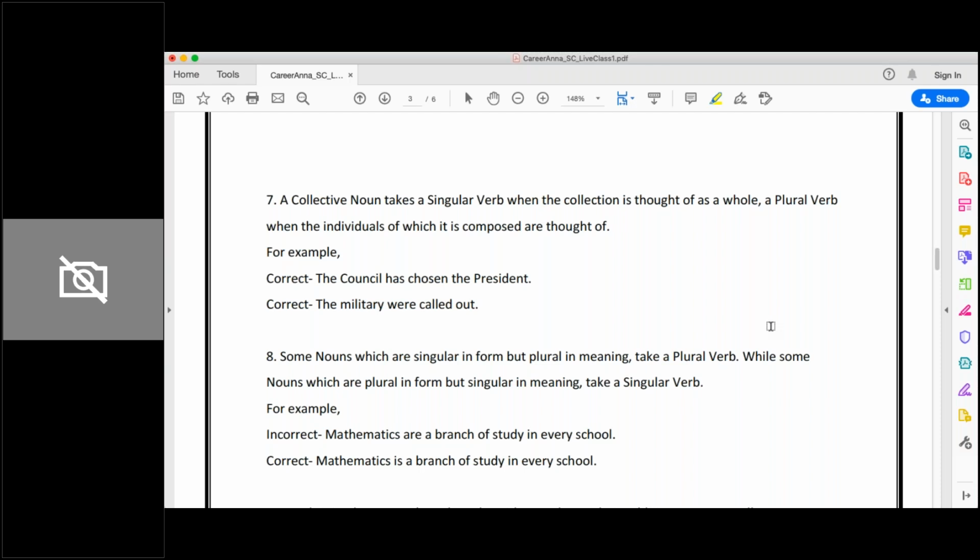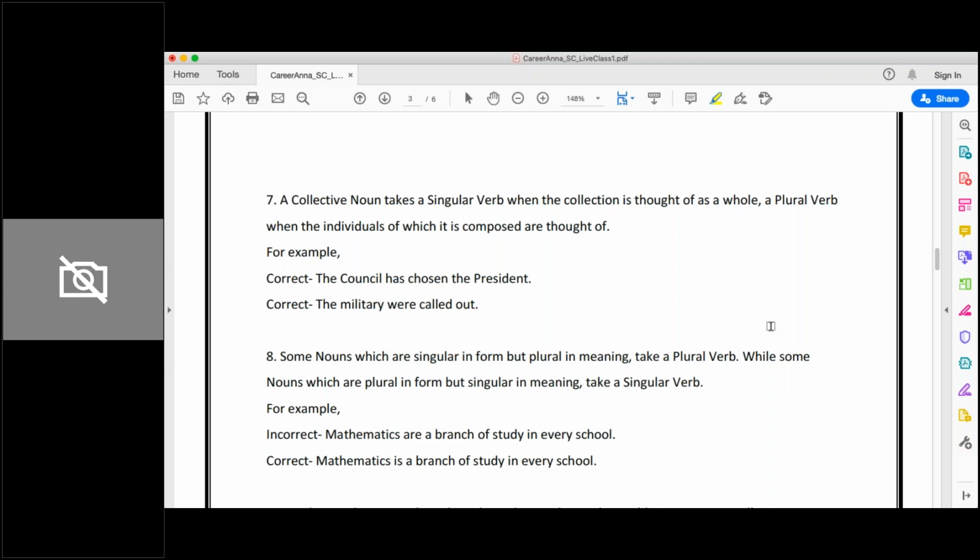But when I say the military, I may be using military to refer to something, say on the lines of defense, but individually I know that there are different soldiers, and each of them has their own identity, and they comprise this military.